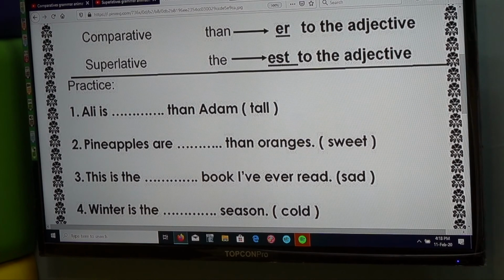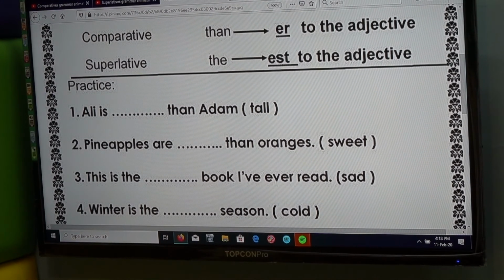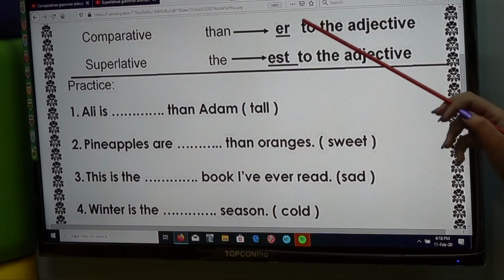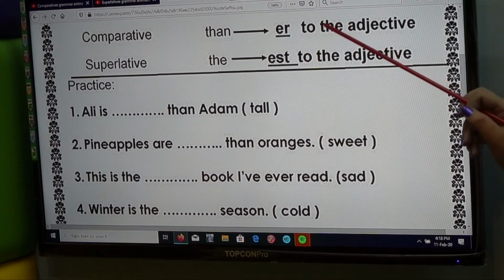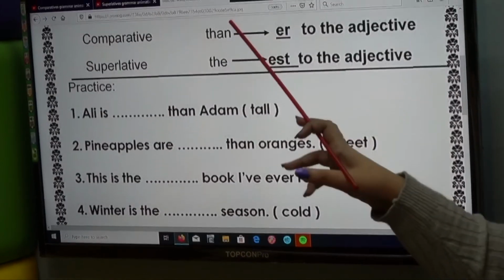So this challenge is for you. Let's see if you can see the difference between comparative and superlative, which situation we have to use comparative and superlative. So if you remember, for comparative, we add er or ier or r with than, right?